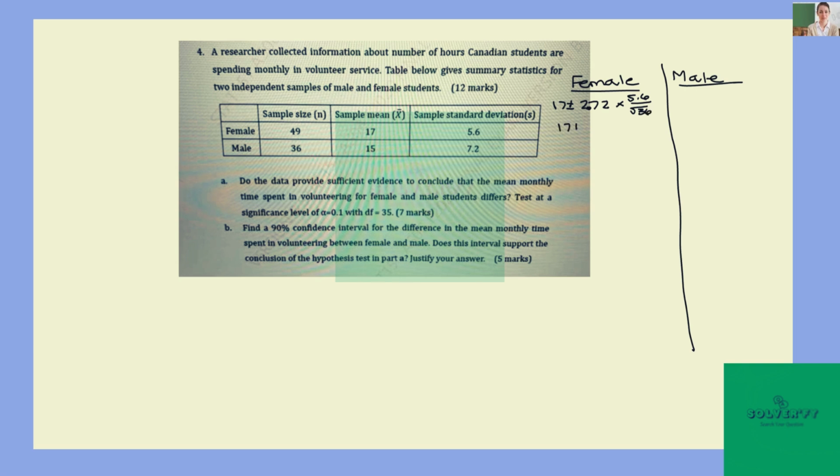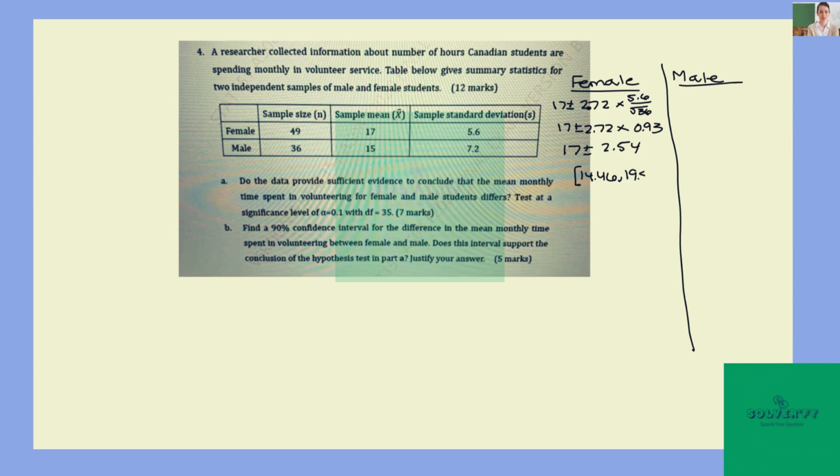So 17 plus or minus 2.72 times 0.93. So 17 plus or minus 2.54.